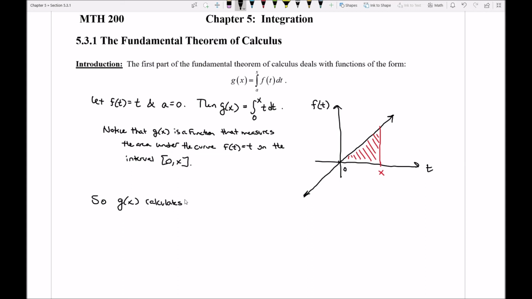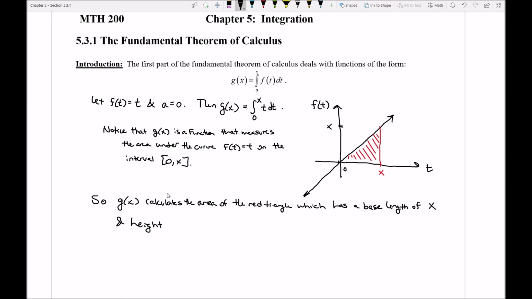So g of x calculates the area of the red triangle, which has a base length of x, that's how long it is horizontally, and it has a height of x as well, because remember, whatever I plug in for t is exactly what I get back out.